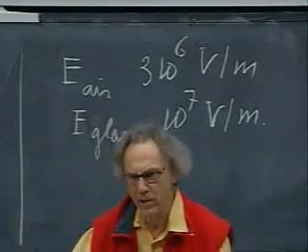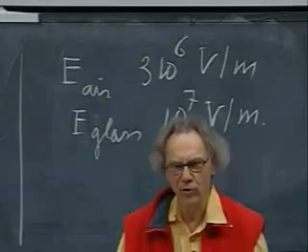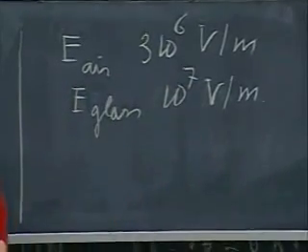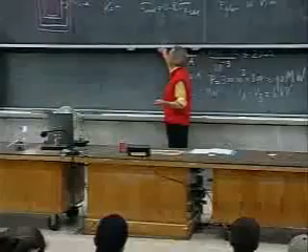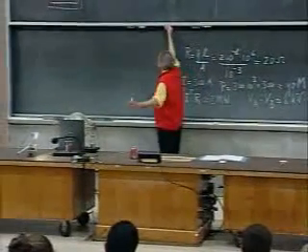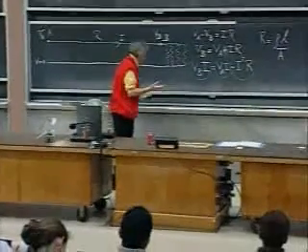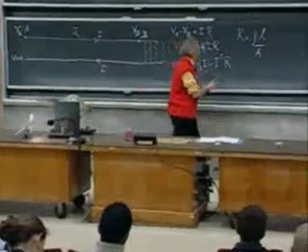I will now make some calculations based on certain assumptions. And those assumptions may not be exactly accurate, because I don't know the exact dimensions of this system. But the exact dimensions don't matter.